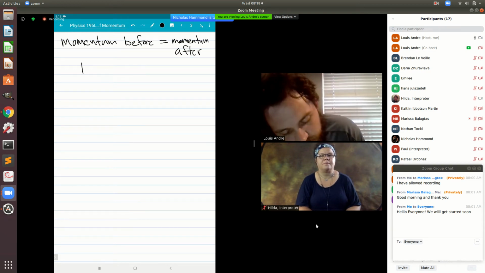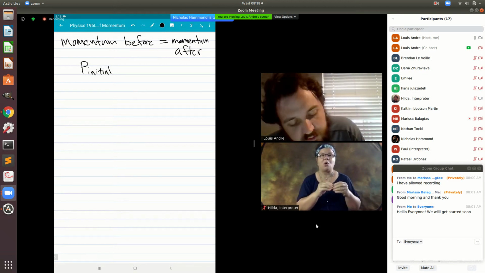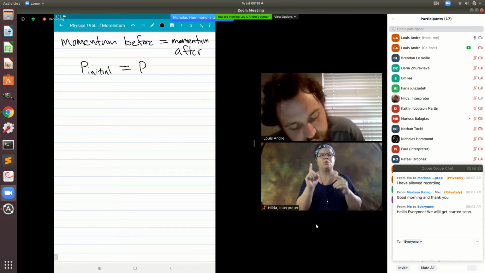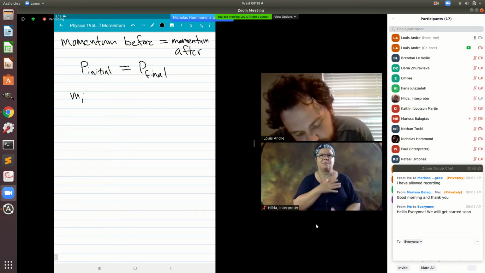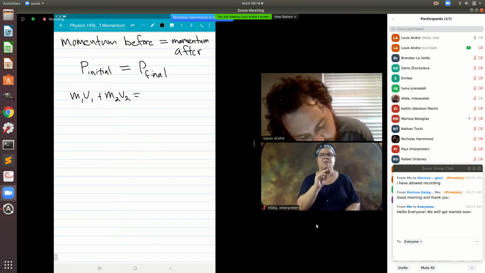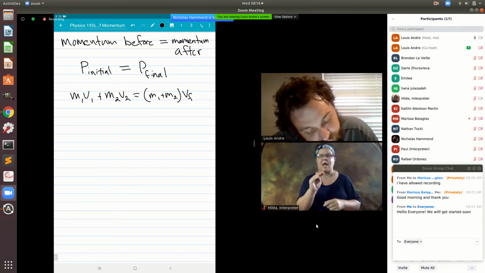Which means that your P initial, which is the total momentum of the first frame, should equal P final. Okay, so that means my m1 v1 plus m2 v2 should equal m1 plus m2 times some final velocity. Okay.